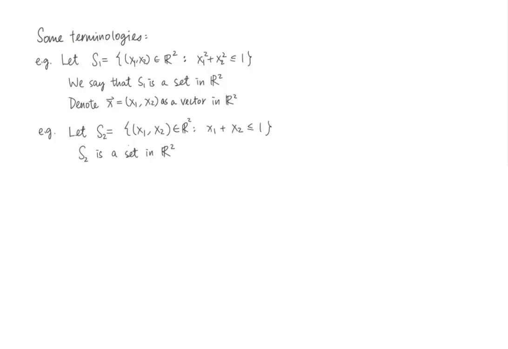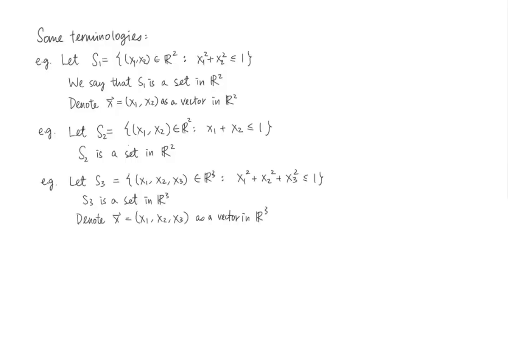Example 2, we have the set S2 which contains points in R2 such that x1 plus x2 is less than or equal to 1. And we also say that S2 is a set in R2. Example 3, we have the set S3 which contains points in R3 such that x1 squared plus x2 squared plus x3 squared is less than or equal to 1.